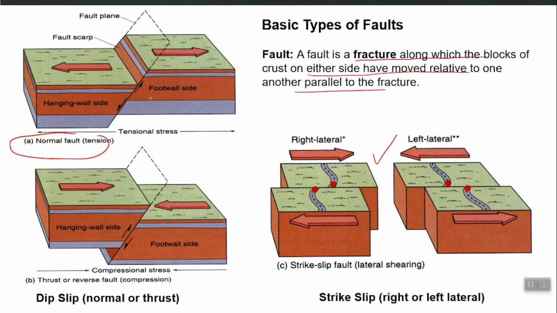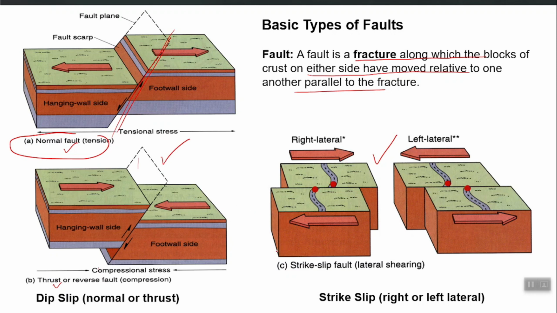So whenever there is an inclined crack in the crust, you can either have a normal fault or a thrust or reverse fault. In normal fault, you see the two pieces of land are moving away from each other, so one can just slide down from the other. In the thrust fault, as the name indicates, one piece of land can go above the other, right? In both cases, the movement is along this plane, the dotted line, right?